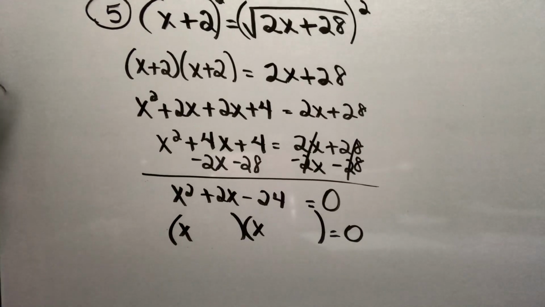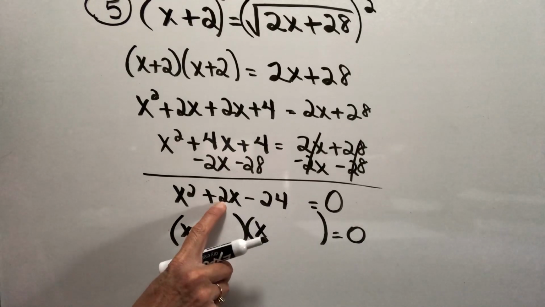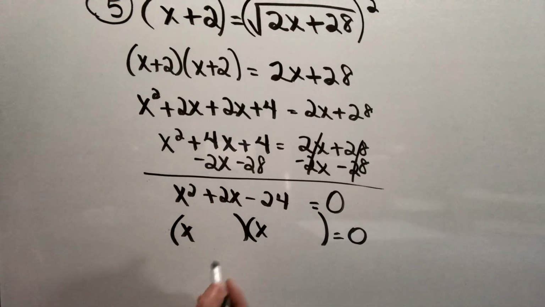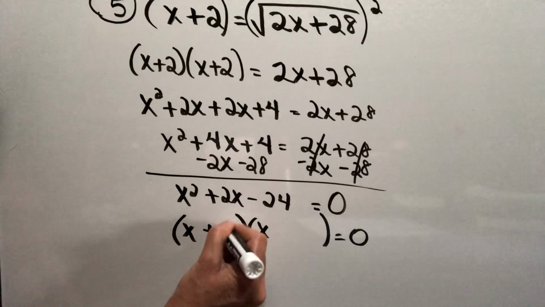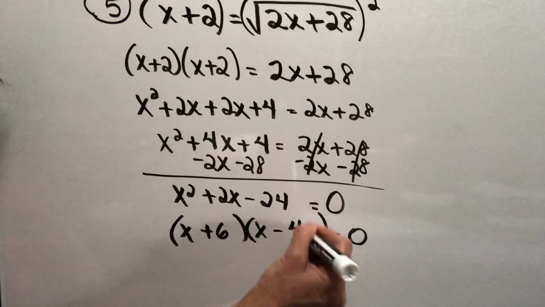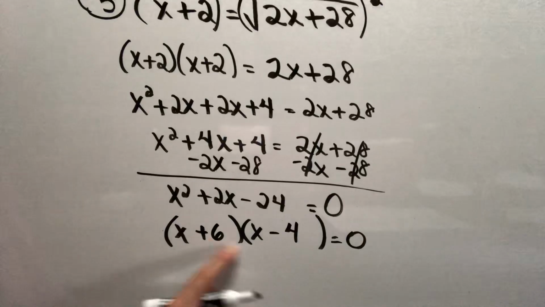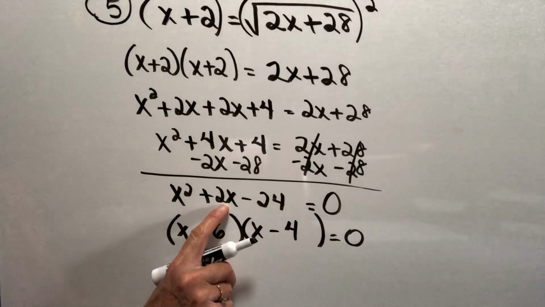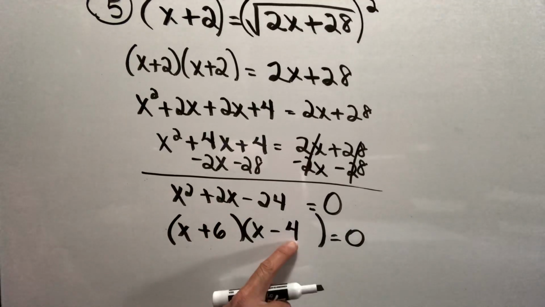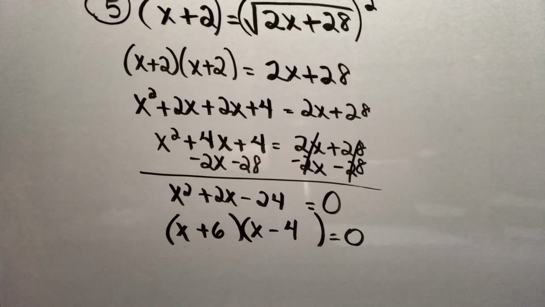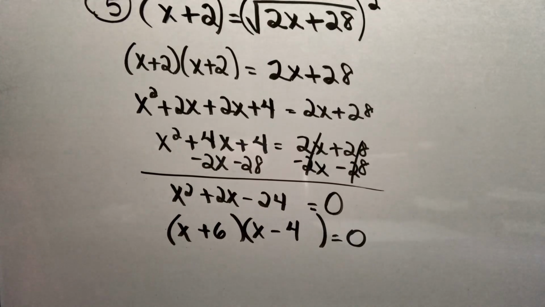You want to think of what combination would give you 2x in the middle. So it's got to be positive 2. So what you'll find that works is to have positive 6 for one of them and negative 4 as the other one. Because 6 and negative 4 adds up to positive 2, and 6 times negative 4 is negative 24. So both of those work out.